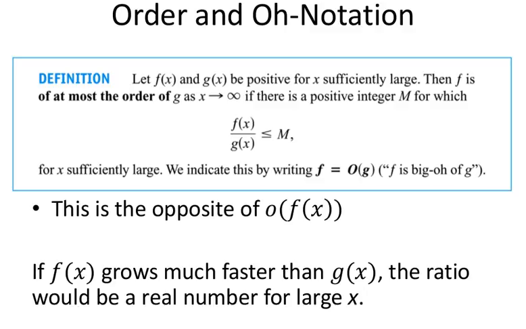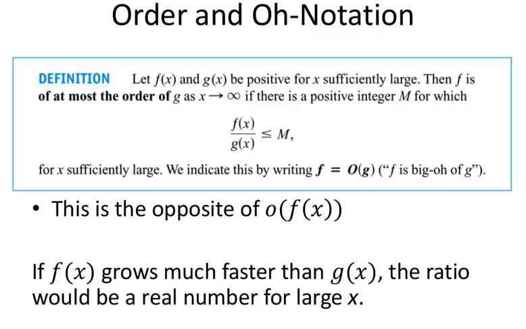But if this ratio is a constant number, m, could be 5, it could be 20 billion, but as x becomes large, and you still maintain having a constant number, you could state that f is big O of g. It's sort of the opposite of a little o notation.